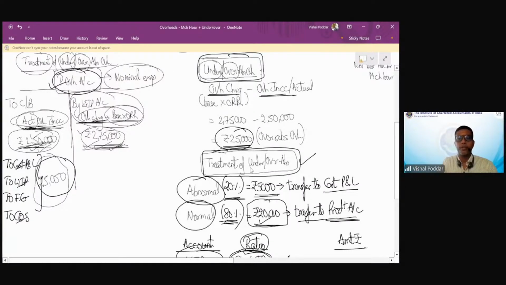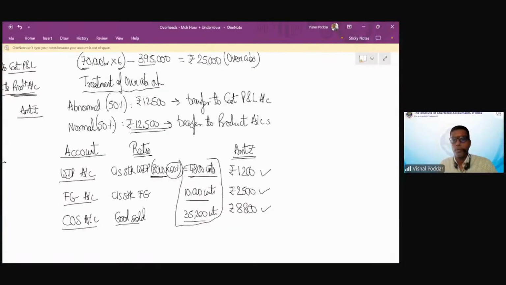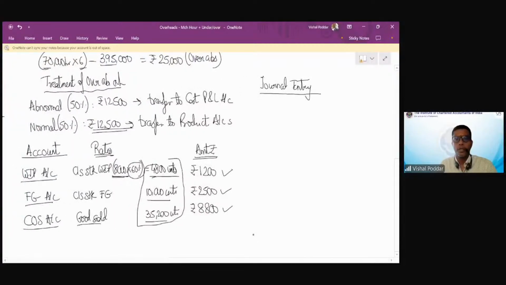So my journal entry in this case would be, because we are doing accounting, whatever treatment you are suggesting will be done by way of a journal entry. In this journal entry, production overheads account is debited by the difference, which is this 25,000 rupees.